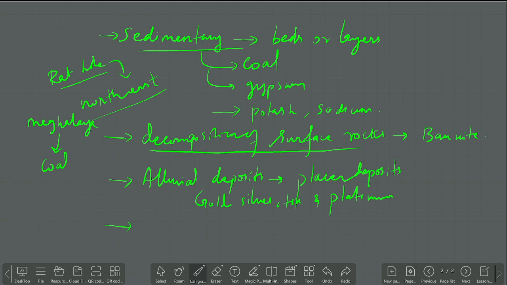Generally metallic minerals can be classified into two types, ferrous and non-ferrous. In ferrous, in your syllabus it is given iron ore and manganese. These two you will be reading. Non-ferrous means copper and bauxite; copper and bauxite you will be reading. Non-metallic means mica and rock minerals like limestone. Just two you will be reading.